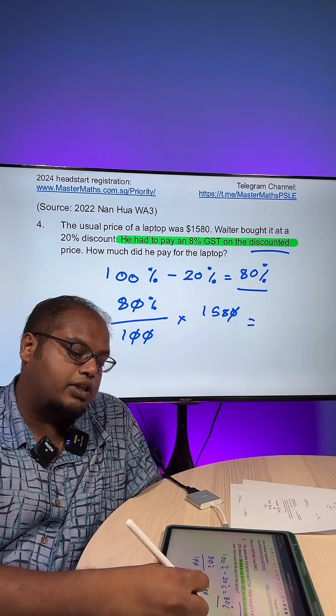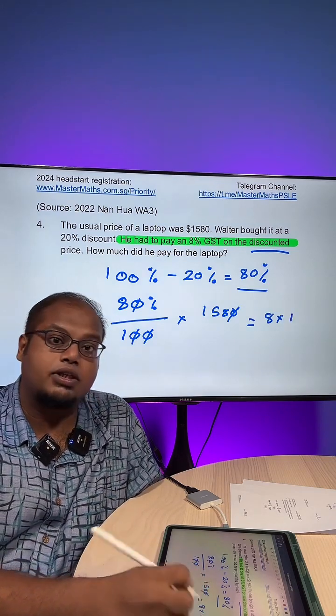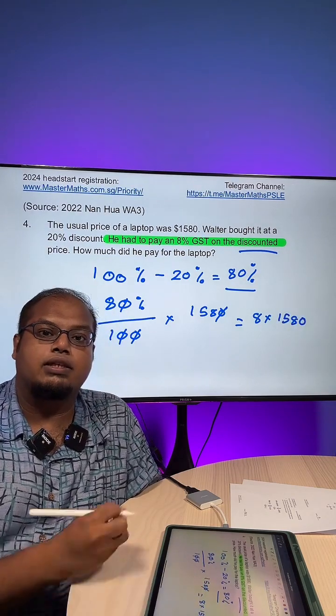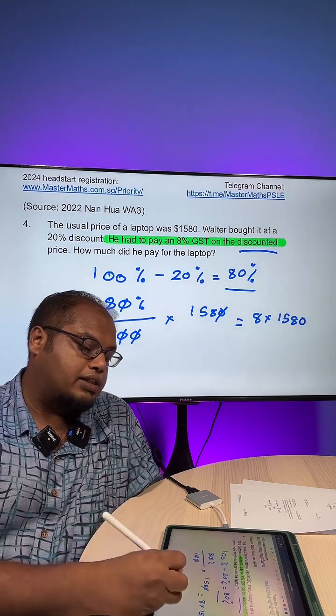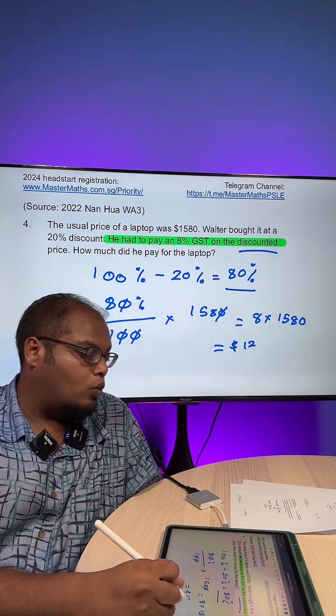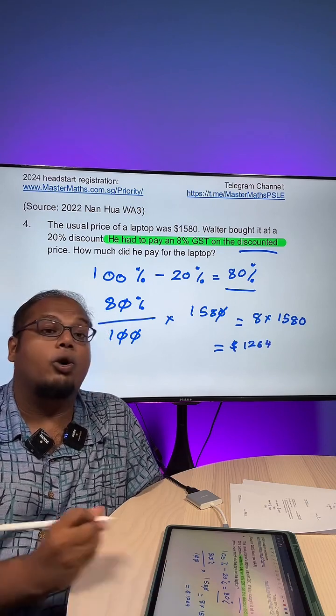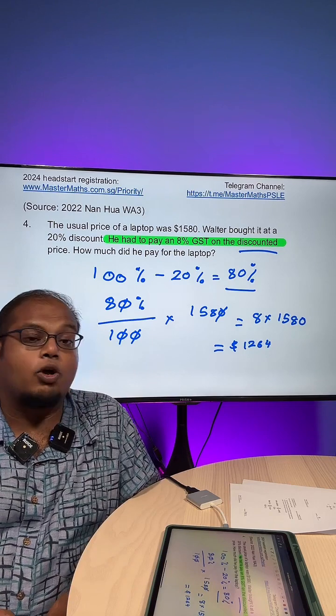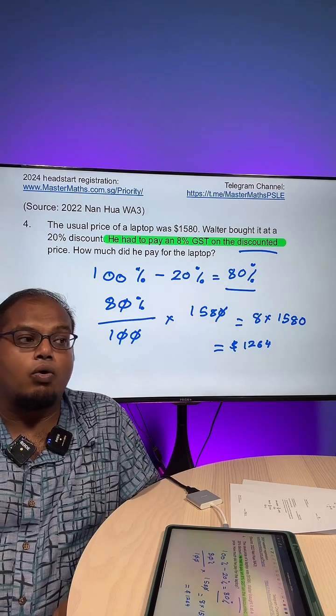So what you are left with is 8 multiplied by 1,580. Then the answer is $1,264. This is the discounted price, but it's not yet the price that he paid.